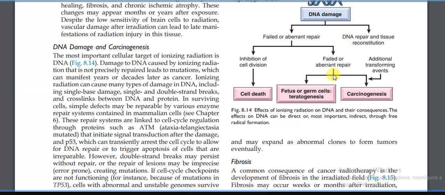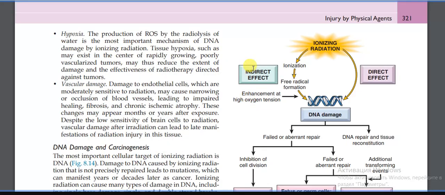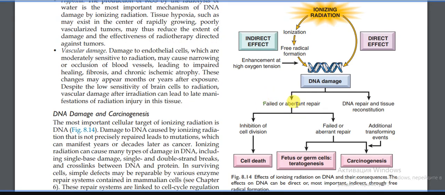So here, ionizing radiation can cause an indirect or direct effect to DNA damage. It causes a failed or aberrant repair, but with a low dose of ionizing radiation, DNA repair and tissue reconstitution happen. But in failed aberrant repair, it causes inhibition of cell division and cell death. Inhibition of cell division goes with the help of the p53 gene.